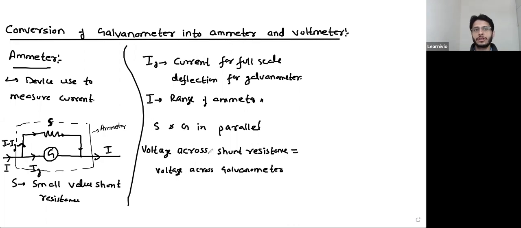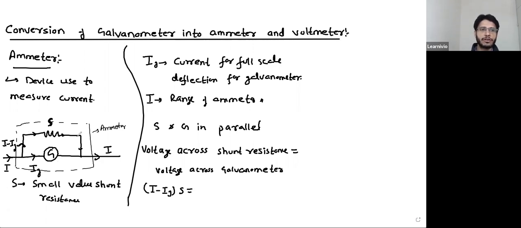So what's the voltage across the shunt resistance? It is the resistance multiplied by current: I minus Ig into S. And what is the voltage across the galvanometer?